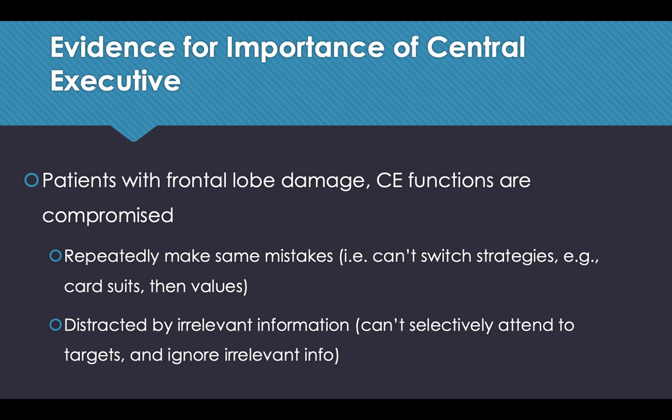For example, if they're being asked to sort cards, they struggle with switching between organizing them by suit and organizing them by value. They can do one or the other, but they really struggle to switch between the two. They are also distracted by irrelevant information. So again, they struggle to selectively attend to targets and ignore irrelevant information. So very easily distracted.